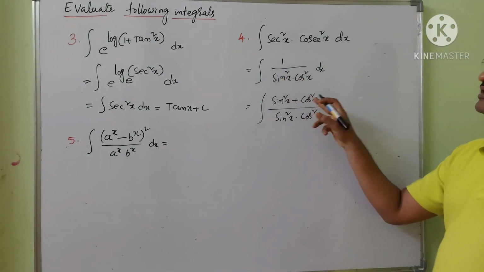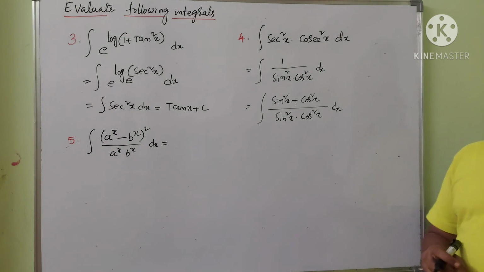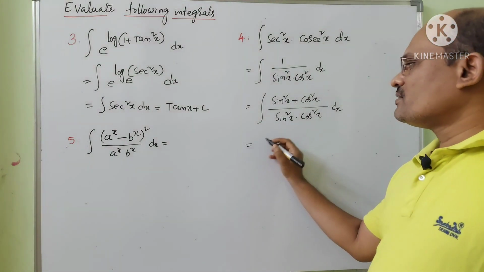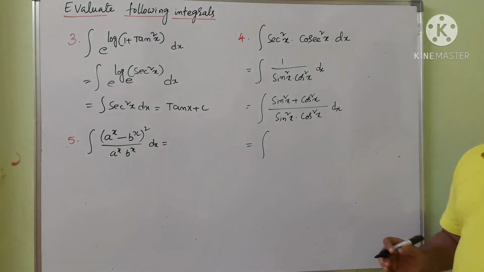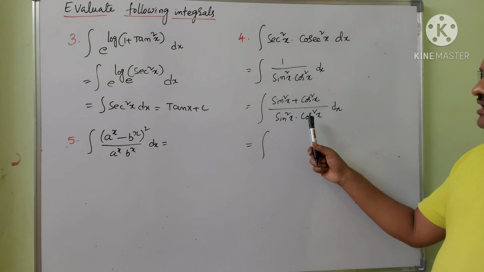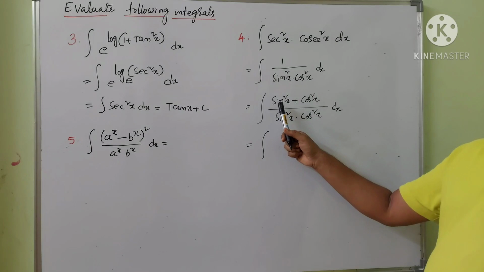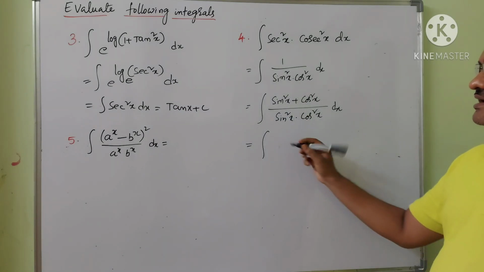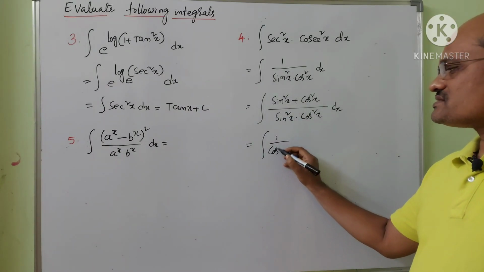You know the identity, one trigonometric identity: sin square x plus cos square x equals 1. Now write the denominator separately. This denominator comes for both terms. If you write the denominator for the first term, sin square x gets cancelled, and you will get 1 by cos square x.